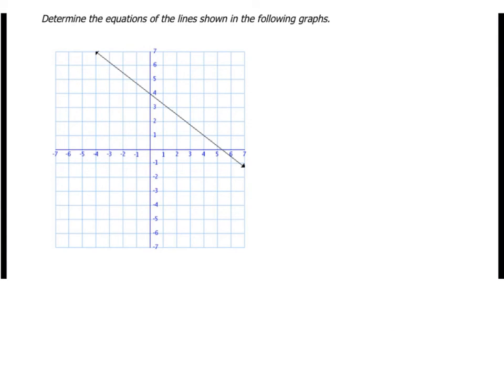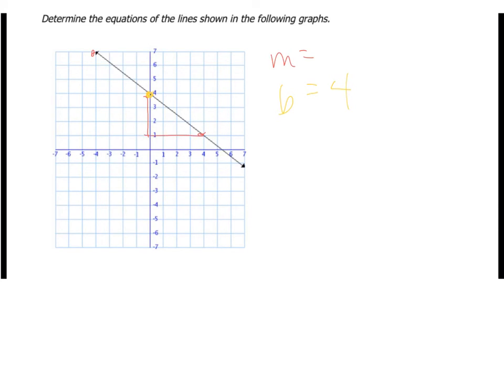The next two, we're going to be looking at a line that's already given and write an equation. So we need to find the m, and we need to find the b. The b is the easiest one. That's the y-intercept. It crosses the y-axis at 4. And the m, to the next point is right here, and the same backwards.